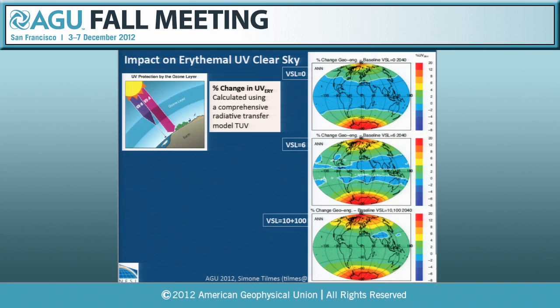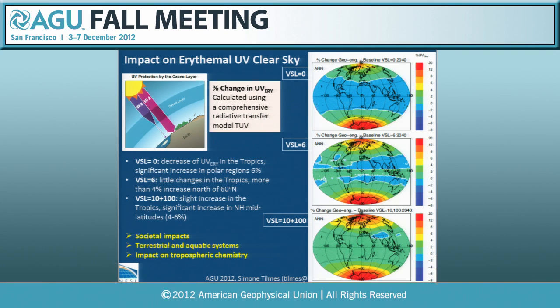And the blue here is negative, so we do get a decrease for the 0 case for the erythemal UV, and this is an annual average, but the high latitudes are even considerable in this case not considering very short-lived species. But going to the highest level, we do see a drastic increase. Actually, I wanted to show the names, but you can read this here.